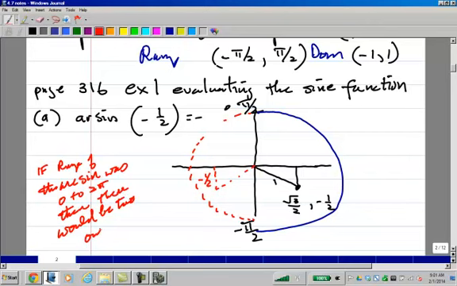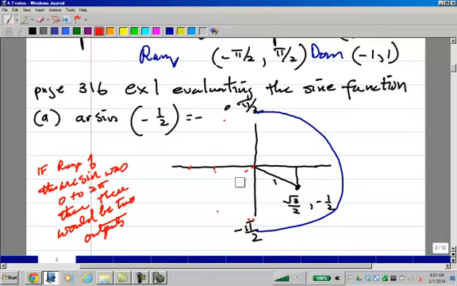Two outputs. All right? But we don't want that. We only want one output. So we're only going to consider outputs that are occurring in the right-hand hemisphere.